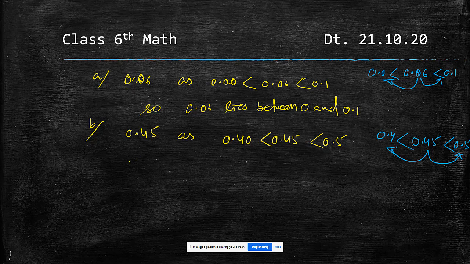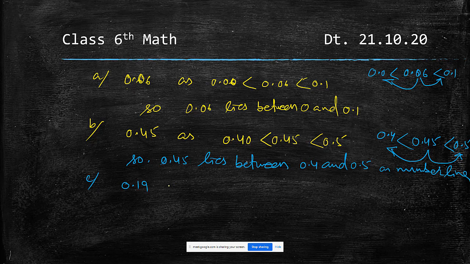So we will write 0.45 lies between 0.4 and 0.5 on the number line. The next one, 0.19.